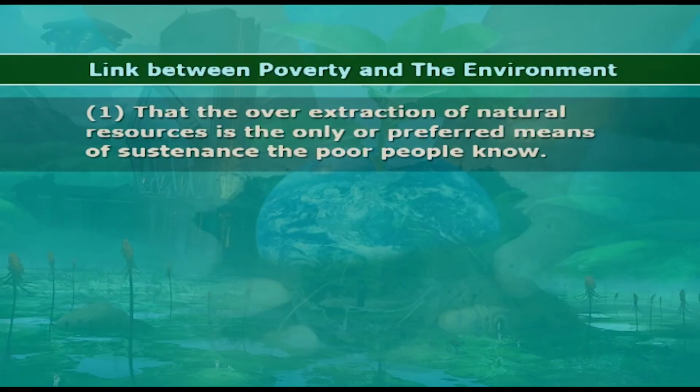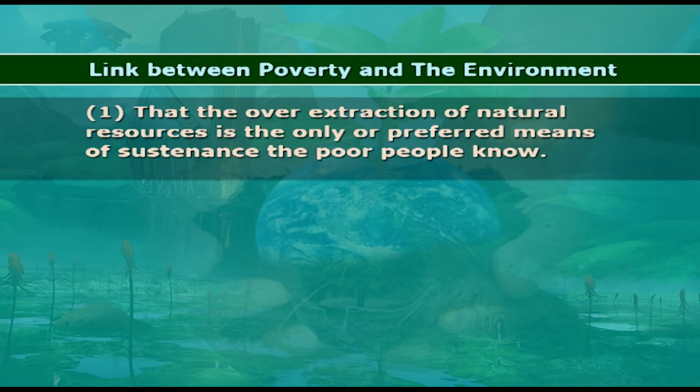It is believed that those who think that poverty and scarcity cause degradation, which in turn promotes over-extraction of natural resources, leading to greater degradation and hence even greater scarcity and poverty, are making three unjustified assumptions. Number 1, that over-extraction of natural resources is the only or preferred means of sustenance the poor people know.